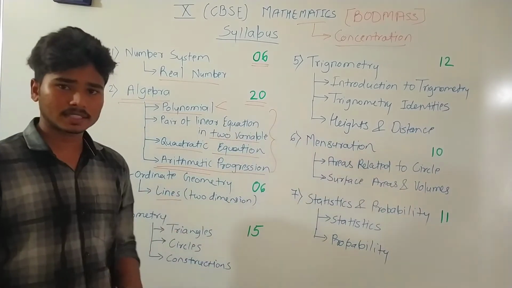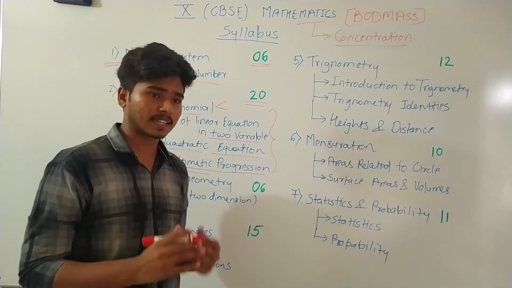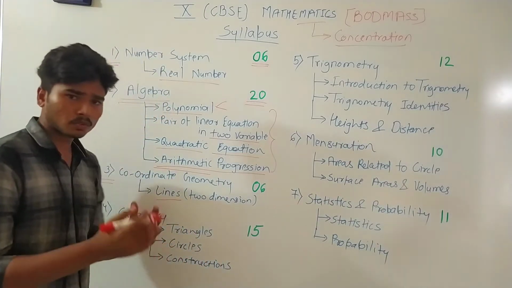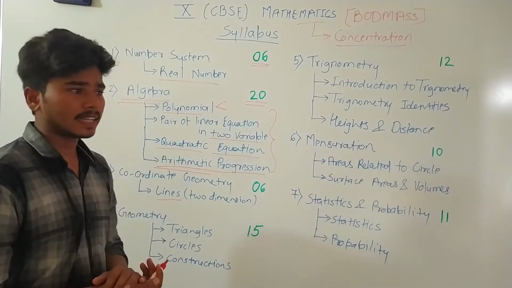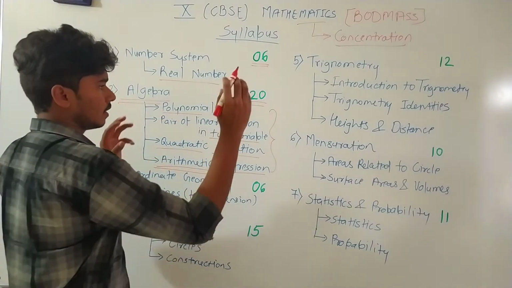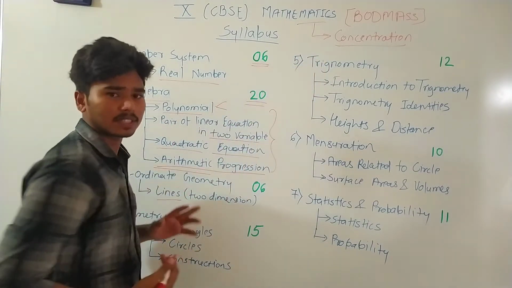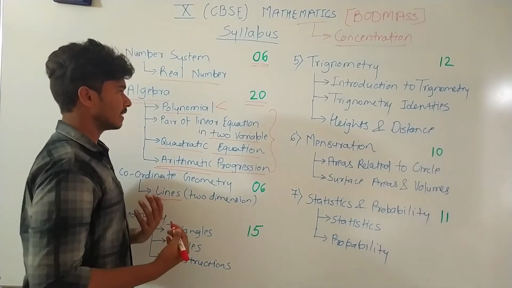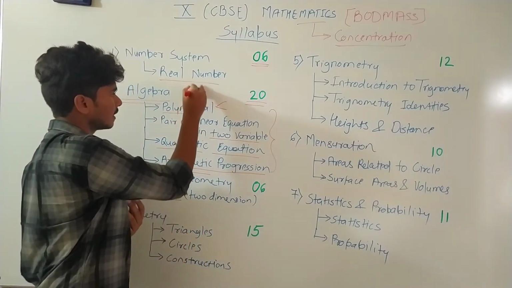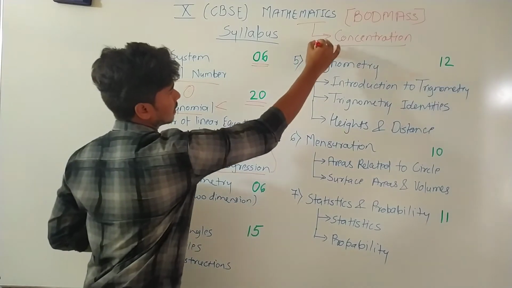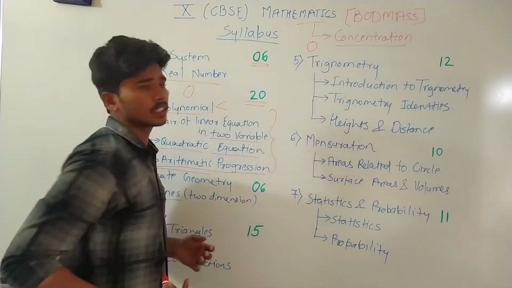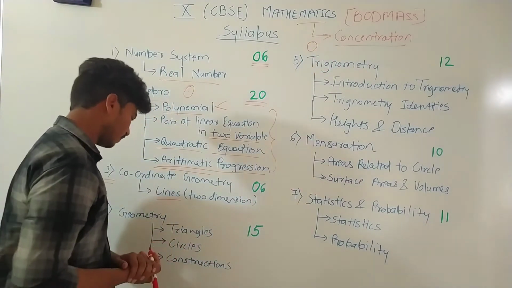We have already plotted dots in coordinate geometry on a graph, but here we are going to do it practically: put 2 points on the graph and then find the distance between them. Just like I am standing here, my point will be here and one point is there, so we are going to find the distance between these two. That's coordinate geometry.